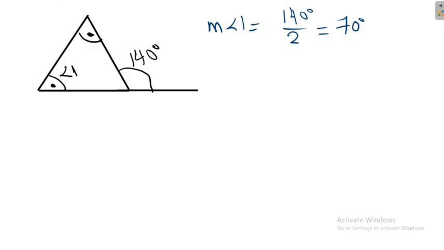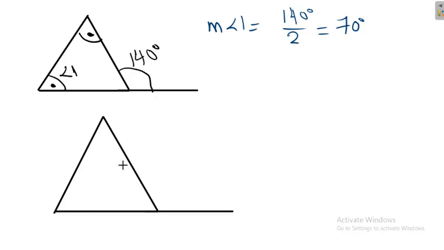Now, the last tough one. What is the measure of angle 1? This is a triangle, and all interior angles are equal.